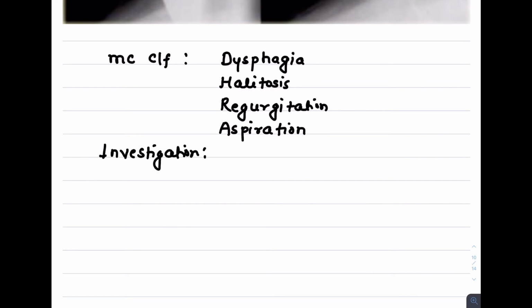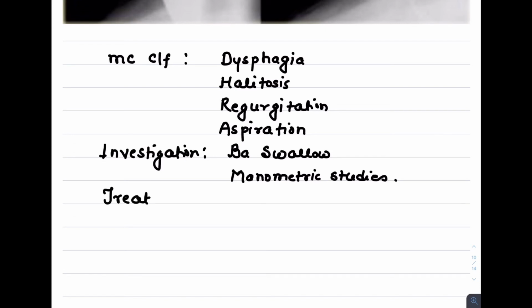Investigations for the esophageal diverticulum: barium swallow is very important, very useful, and you have seen the picture above of how it will look. Manometry to rule out all the esophageal dysmotility disorders, because usually diverticula are associated with dysmotility.